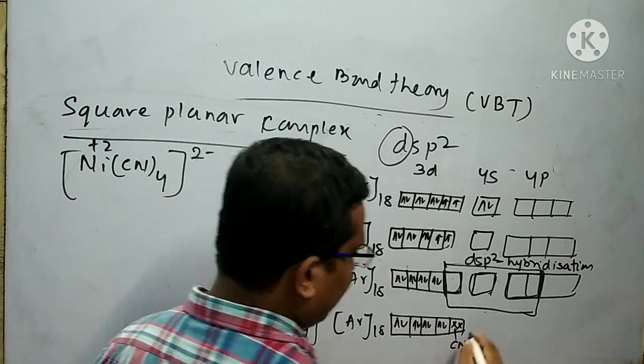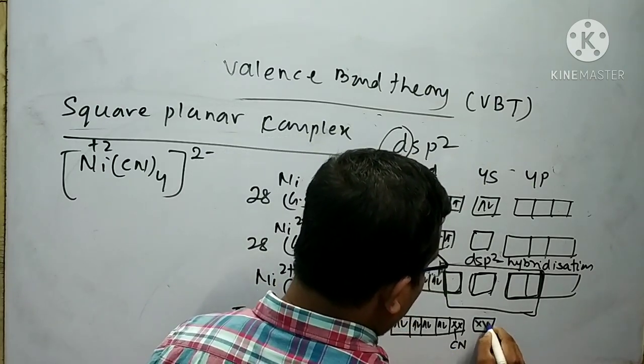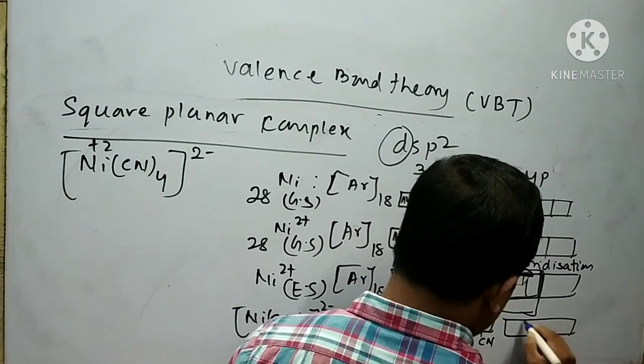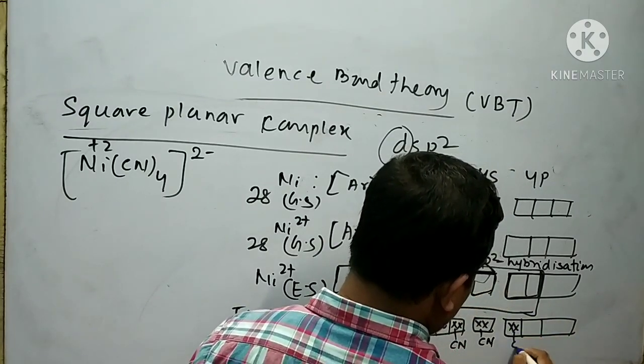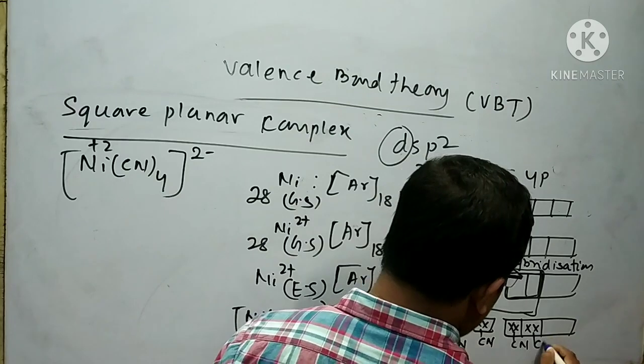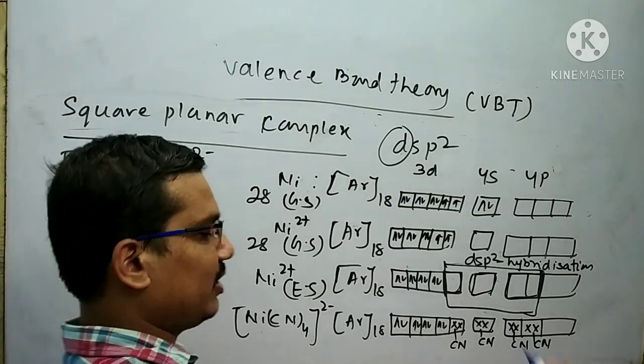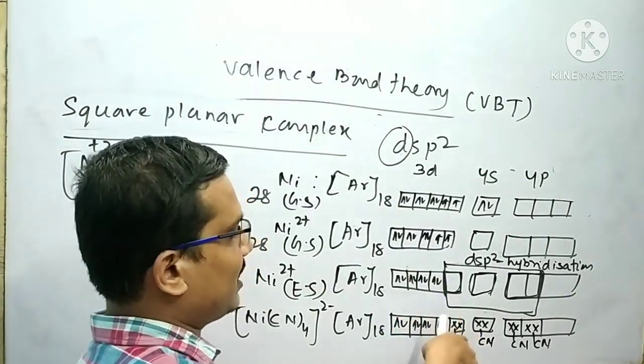Here CN is present. Here also 2 electrons are present. I can draw like this. Experimentally, it is seen that this complex has no unpaired electrons, which is already proved in this diagram.